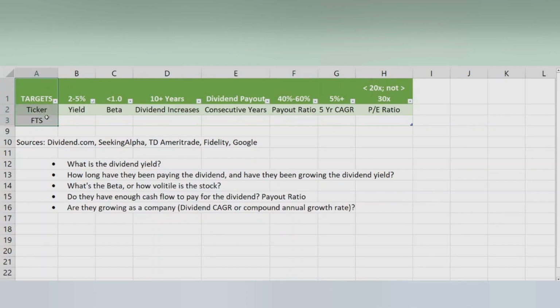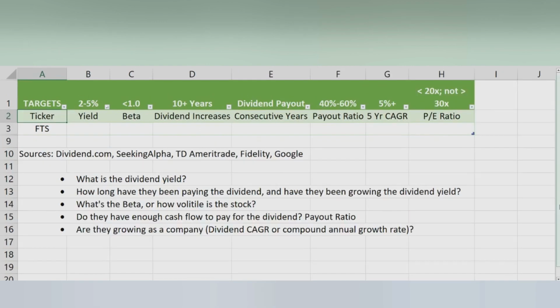So you start with a ticker. And I'm going to show you 4 or 5 others once we fill in the first one, just as a point of comparison. But I picked Fortis, ticker symbol FTS, for us to gather information together so that you know where to find the information and then can go fishing for yourself. So let's zoom in here.